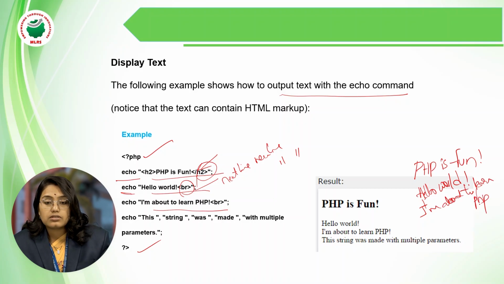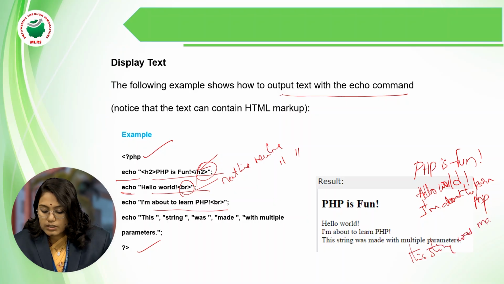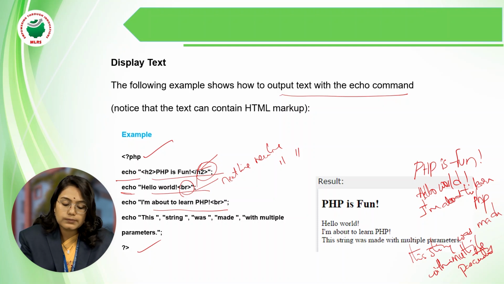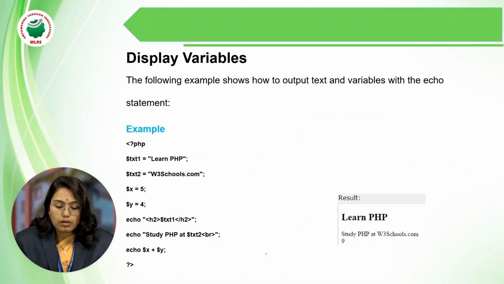Whatever statements or values we give in echo, it will display. Last one is this string was made with multiple parameters. So last one is output. Yes, clear with this echo.